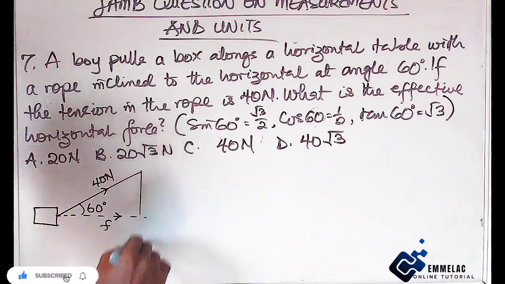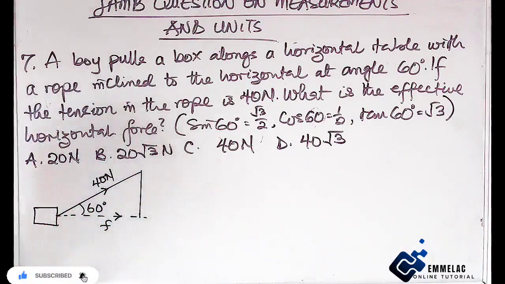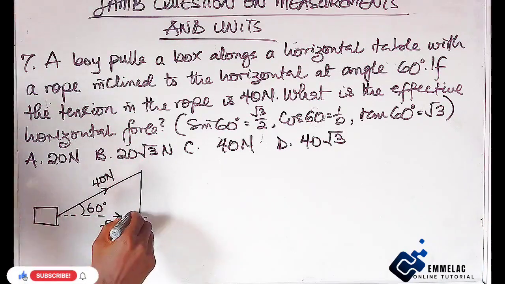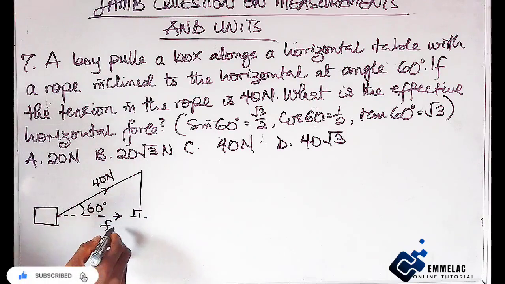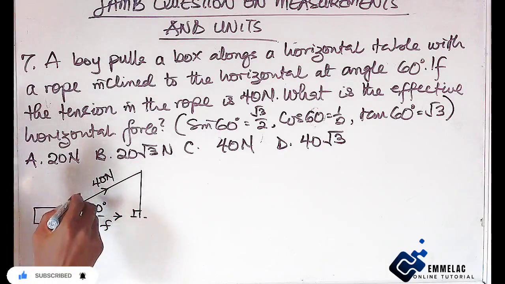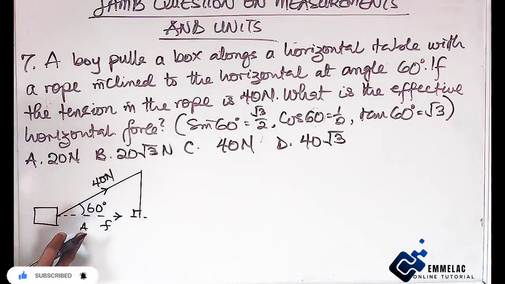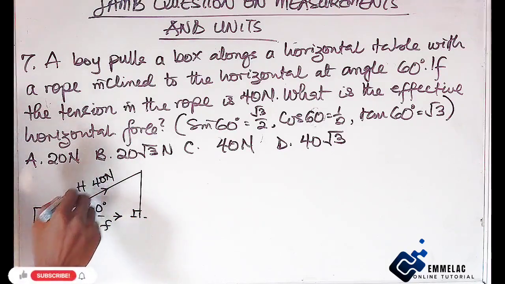Okay, now you can see that this forms a right angle triangle, with 60 degrees, as I said. So this is the adjacent, and this is the hypotenuse.